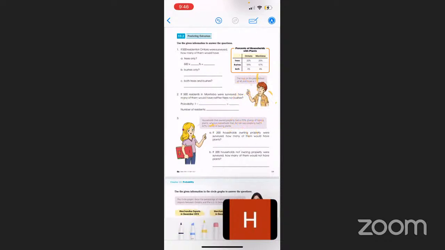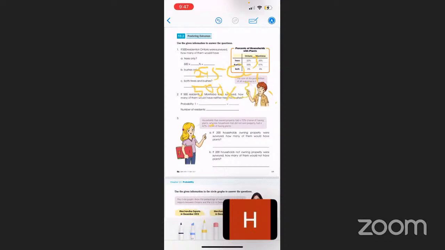Okay. So 295, and then both trees and bushes. So you have to add the tree percentage with the bushes. How much is that? Let me check. Oh, we don't have to add actually. They already have both written here and it tells you 3%. The people in their houses that have both trees and bushes is actually 3%.